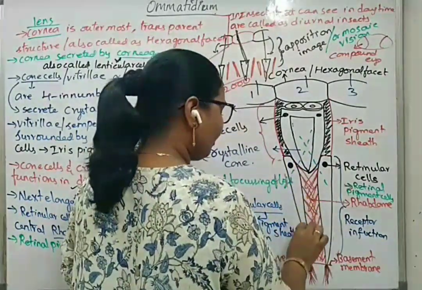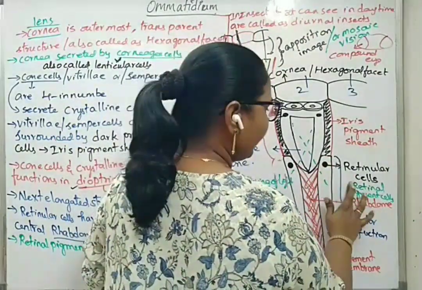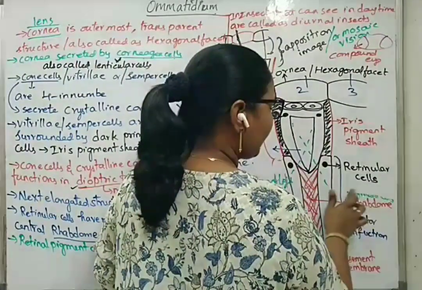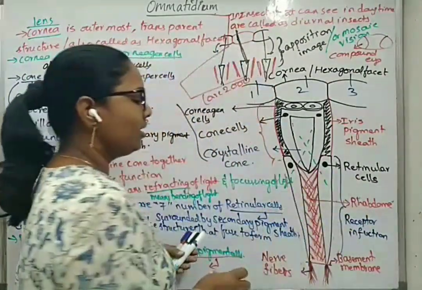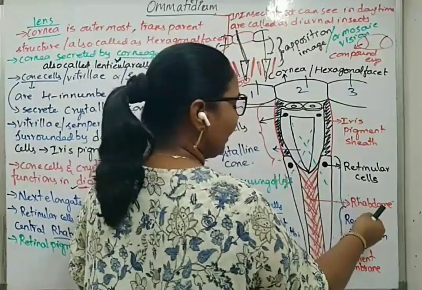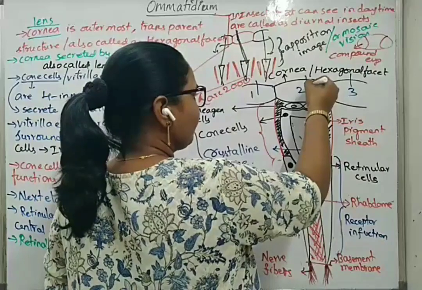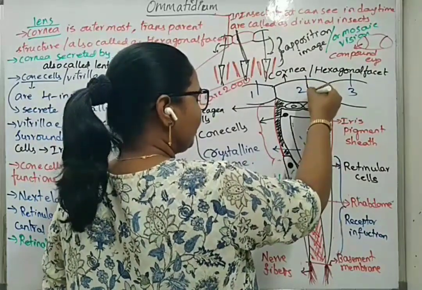Because of the absence of this secondary pigment sheath, or retinal pigment sheath, the light falling on the rhabdom is bent onto the second. Here the light is focused, here it is refracted.